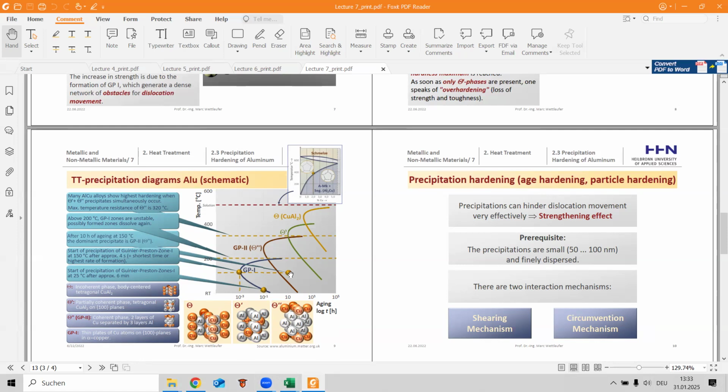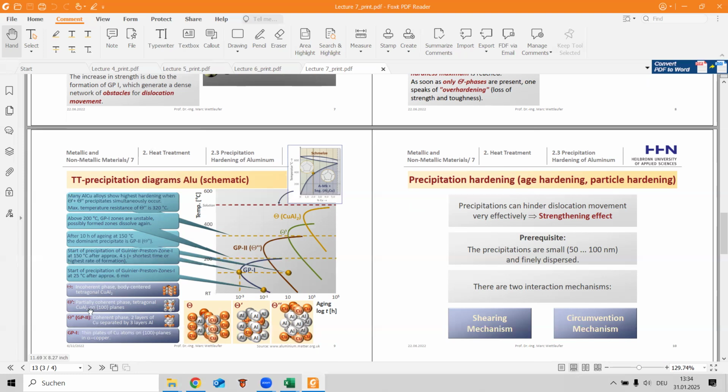After 10 hours of aging at 150 degrees Celsius, the dominant precipitate is GP2, also called delta double prime. Start of precipitation of Guinier-Preston zone 1 at 150 degrees after approximately 4 seconds, shortest time of ice rate. Then we have start of precipitation of GP1 at 25 degrees Celsius after around 6 minutes.